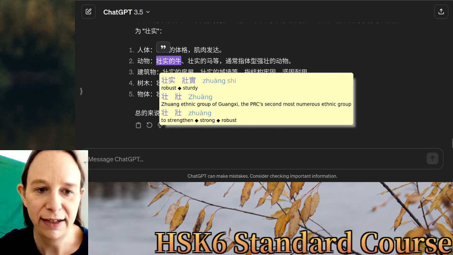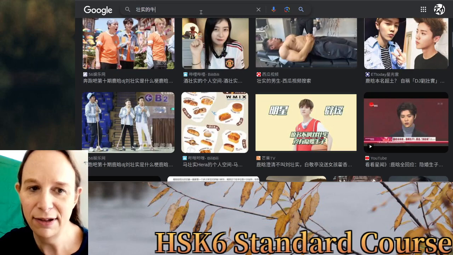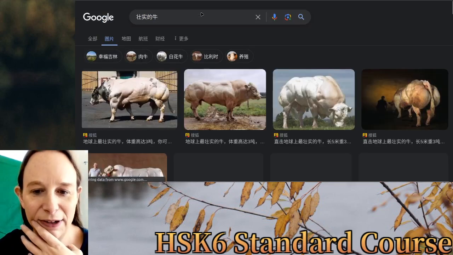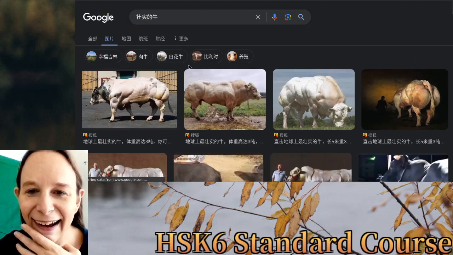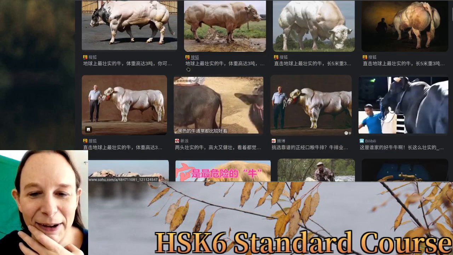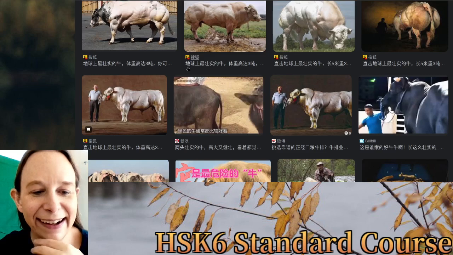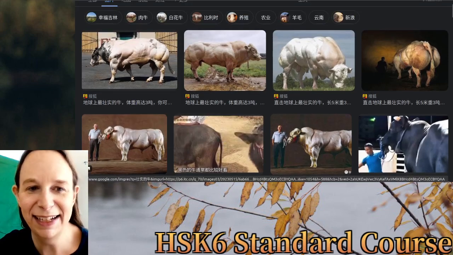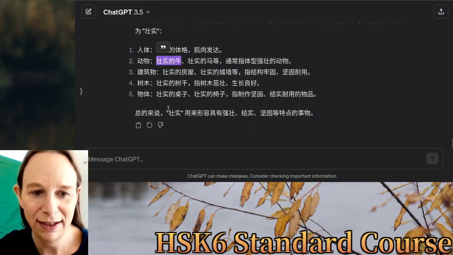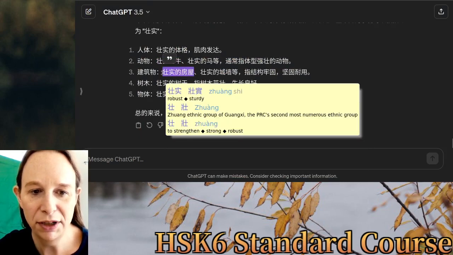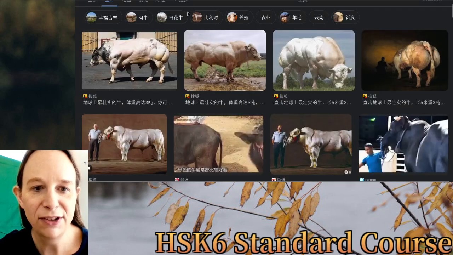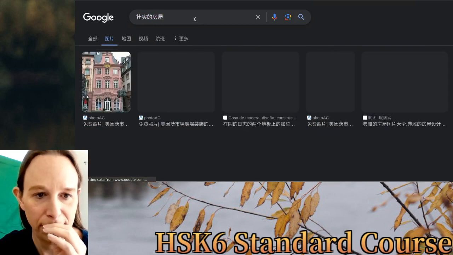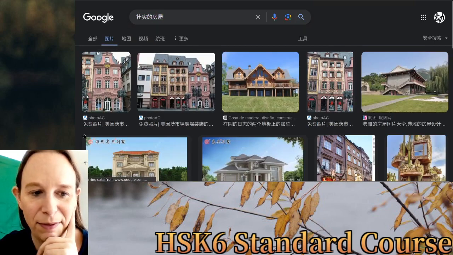Okay, 壮实的牛, a sturdy cow. So it extends beyond humans to animals. 壮实的房屋, a sturdy house, sturdy apartment building or something.